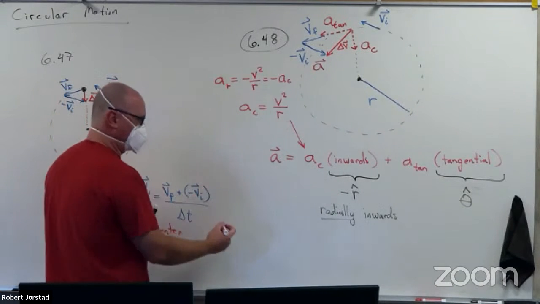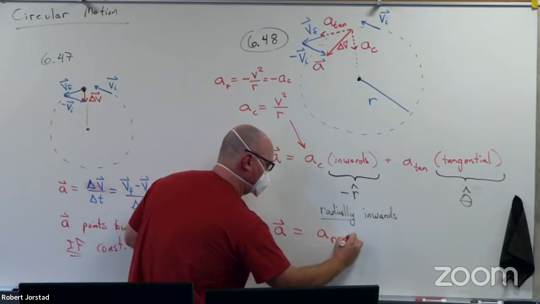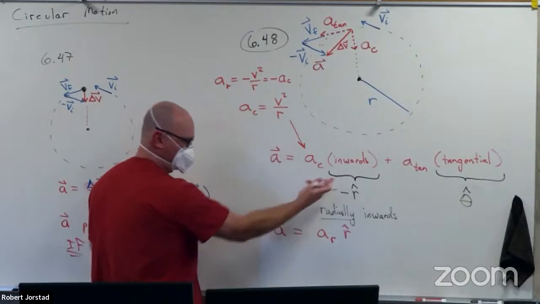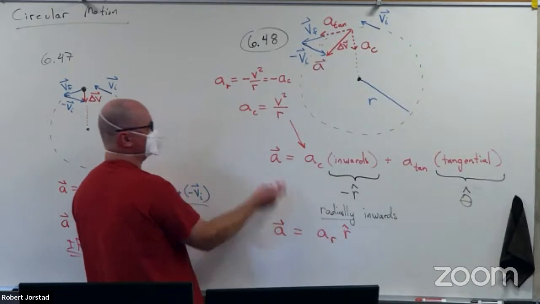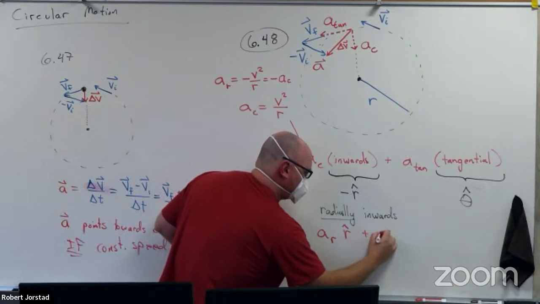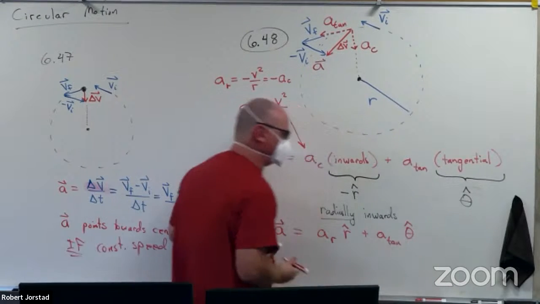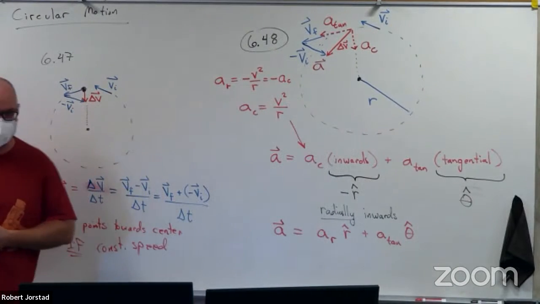So another way of writing this would be A equals AR in the r hat without the minus sign, because the minus sign's right here, plus A tan theta hat. They are both good ways to do it.